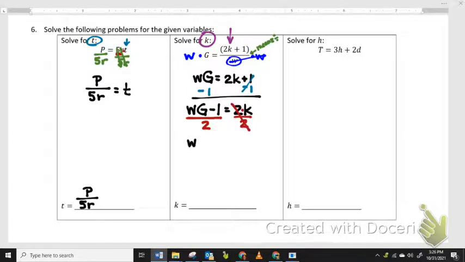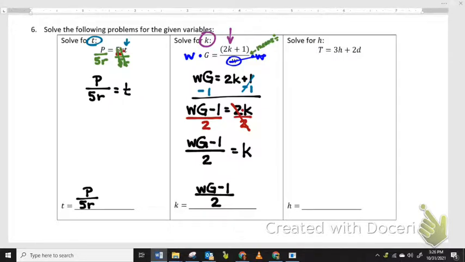So I have w times g minus 1 all divided by 2 equals k. Awesome. I've got k all alone. So k is equal to, I've got a fraction as my answer, w times g minus 1 all over 2. And there's my final answer.